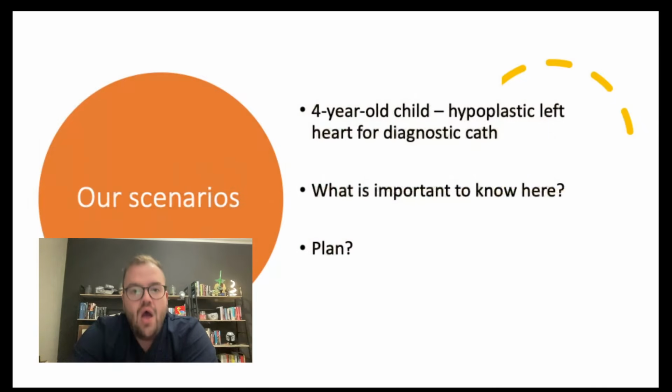So what is important to know here is whether it is a PDA or a massive AVSD that this child has. What is my plan? Again, it's a complex case, so it's me and a specialized peds cardiac team. We're going to do an ET tube, we're going to have an IV line, and it's the same recipe as I said.